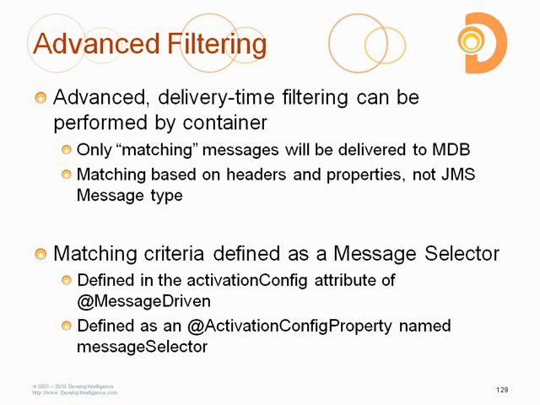The second way is kind of a newer way, and that is to use something known as a message selector. A message selector really is a way for me to supply criteria as part of the activation configuration. When the application server receives a message from the messaging system, before it hands the message off to the MDB, it is going to apply the criteria that I specify against the headers and the properties in the message.